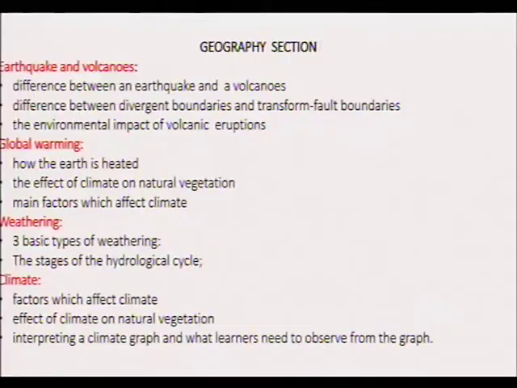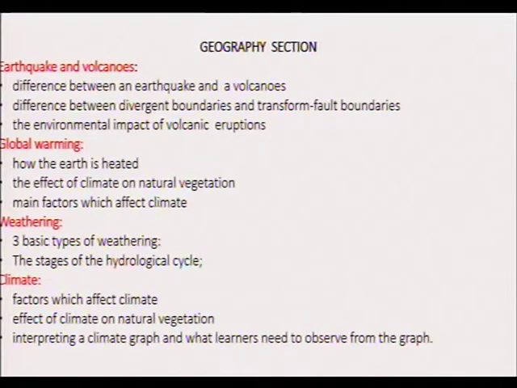Now, the first section is in relation to the geography section. The geography section covers a lot of issues around the geographical aspects, which is related to earthquakes and volcanoes, global warming, weathering, and climate. Now, under each section, for example, earthquakes and volcanoes, it's important that you know the difference between a volcano and an earthquake.